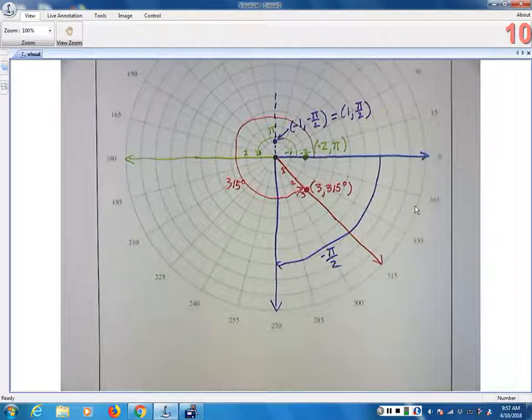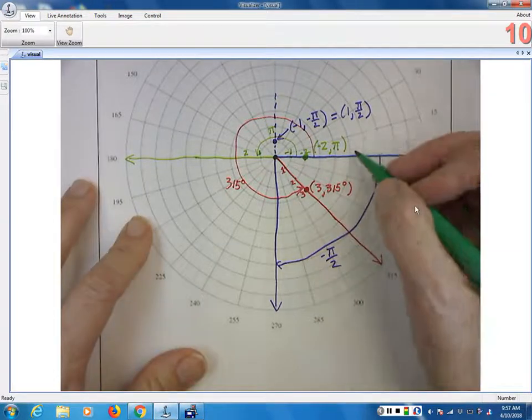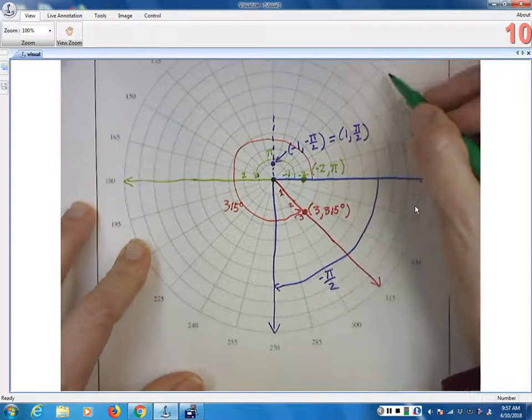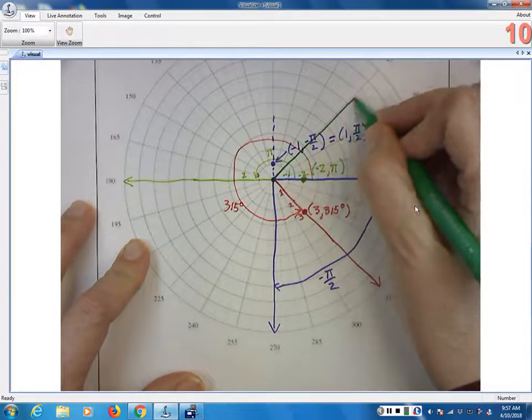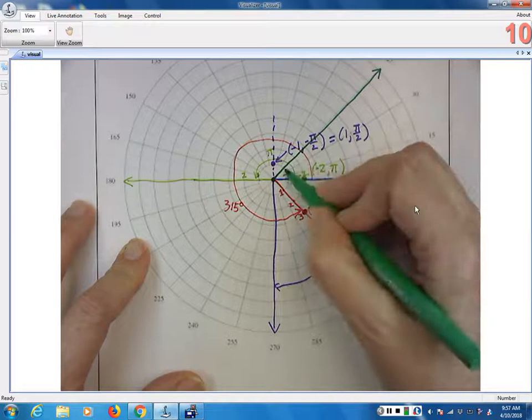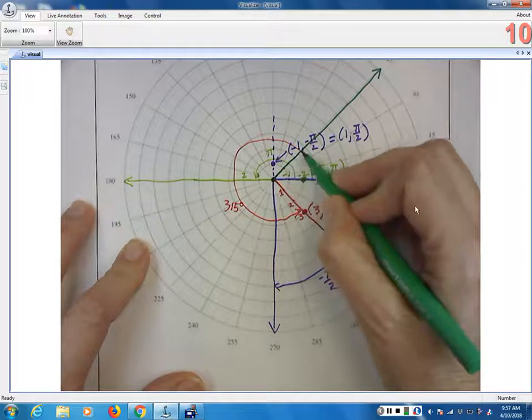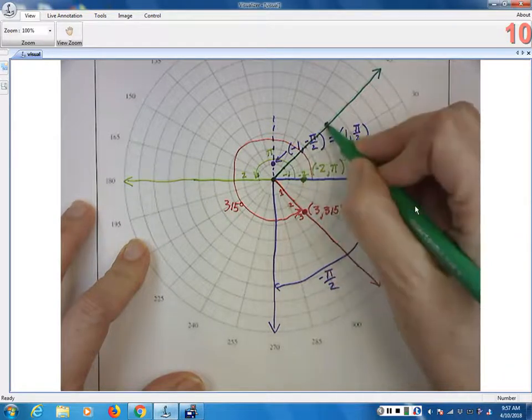5 pi over 4. So, pi over 4 is 45 degrees. And then 5 is 1, 2, 3, 4, 5.